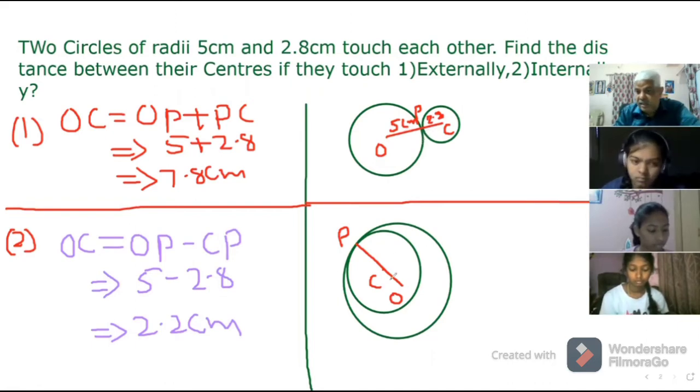For internal touching circles, the radii are to be subtracted. That is the hint we are going to give here.